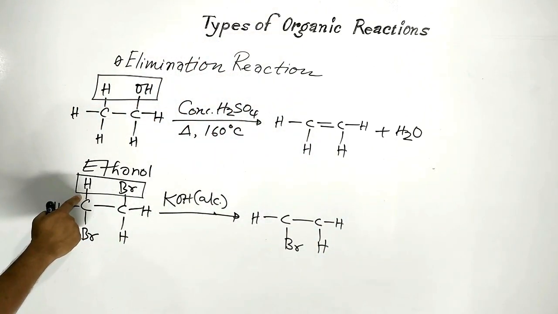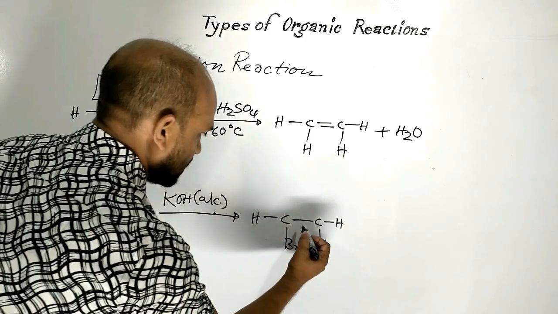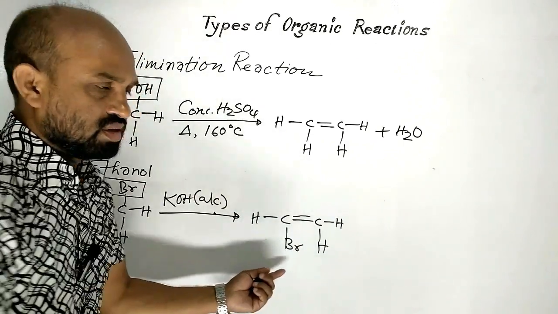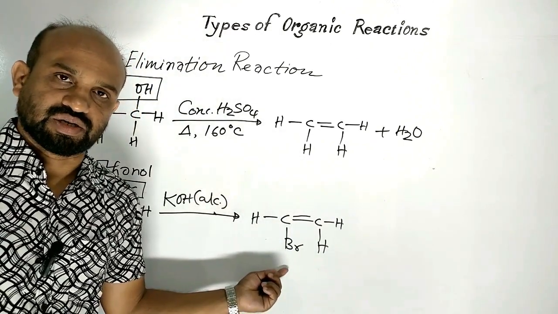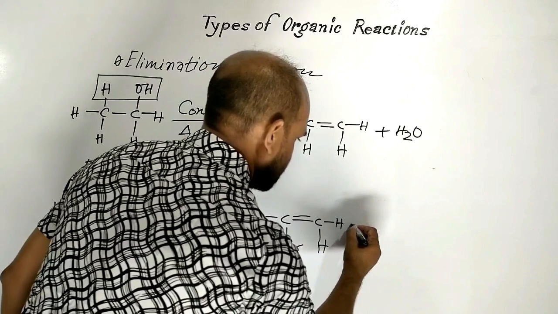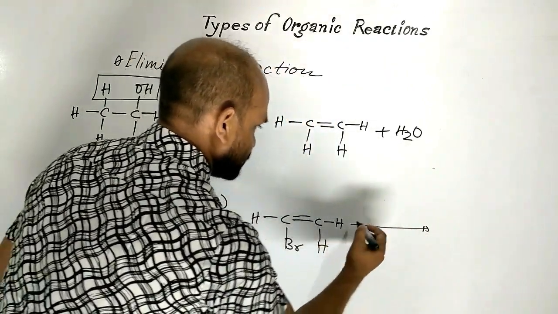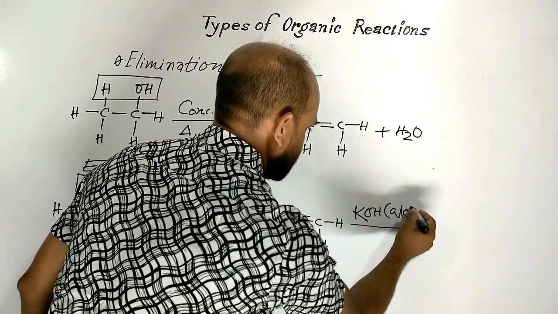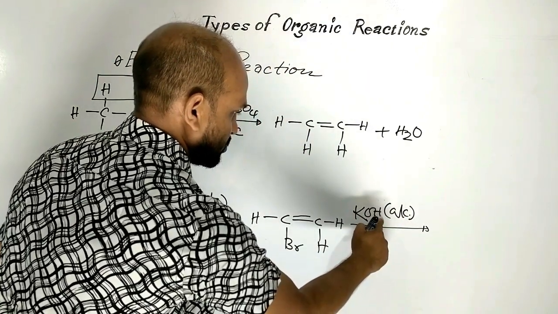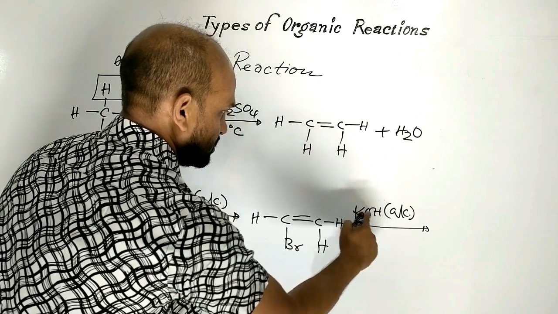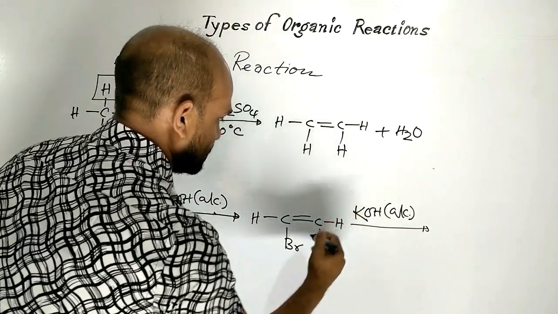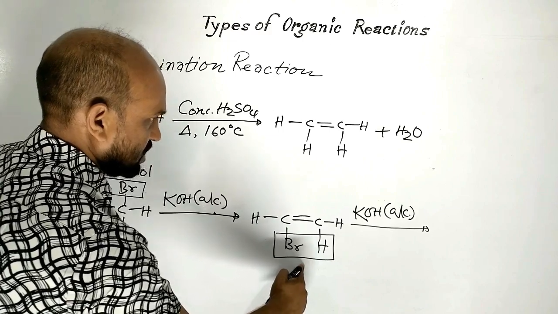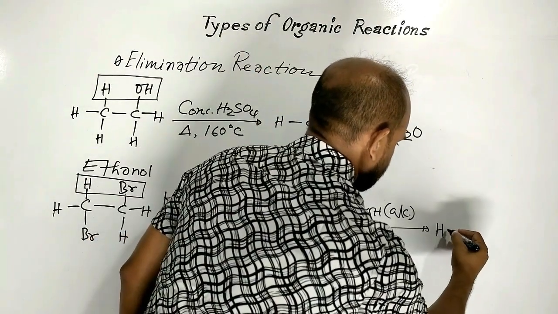Two sigma bonds disappear and one pi bond appears here. It's a kind of elimination reaction. Again, if it is treated with alcoholic potassium hydroxide, then it eliminates another hydrogen bromide, and ultimately this is formed.